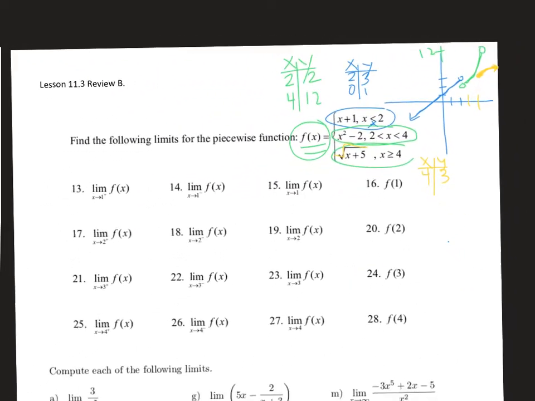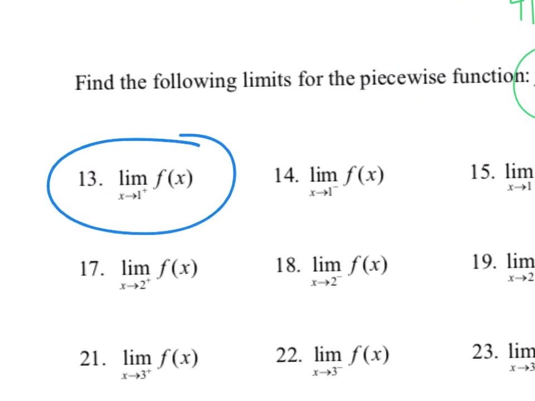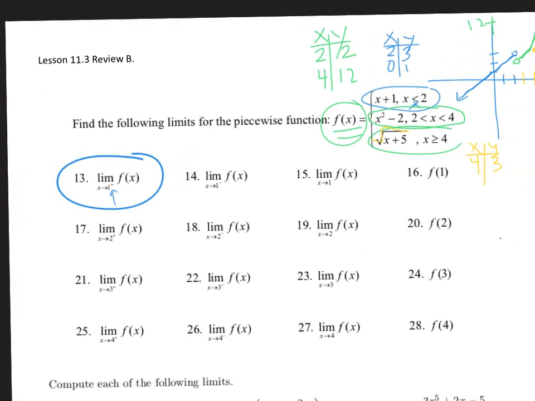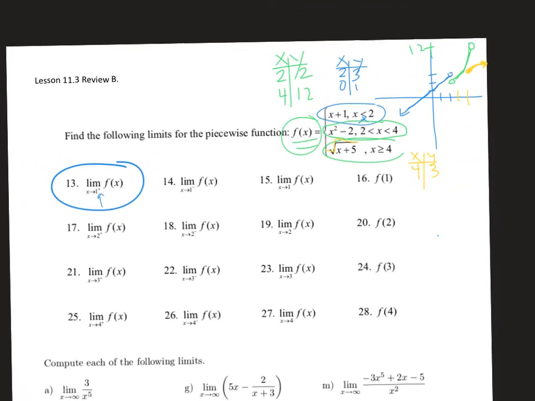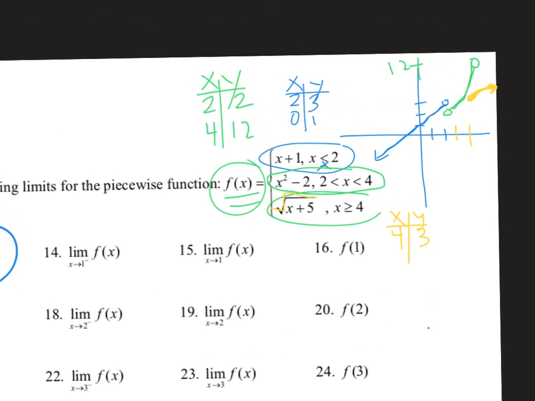And now let's go ahead and answer all these questions regarding it. So let's start here, and let's find out what this actually means. We're trying to find the limit as x goes to 1 plus. 1 plus means from the right side of 1. So let's go over to this graph, and let's look at where x is 1, and x is 1 right here.